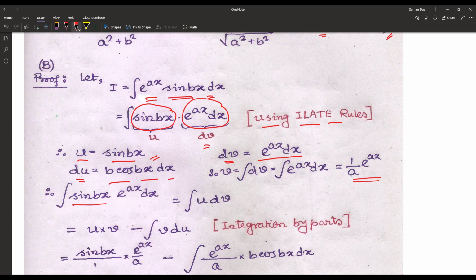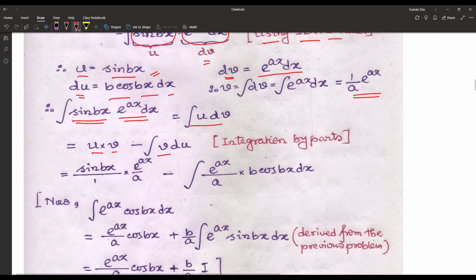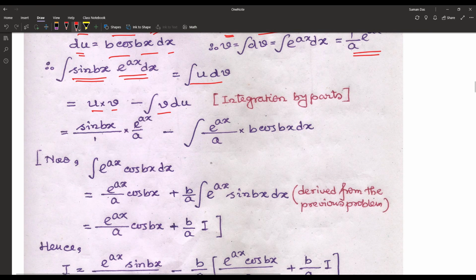So we are just integrating by parts. That is the integration of u dv equals u into v minus the integration of v du. So putting the value of u here, that is sin bx into e to the power ax by a, minus the integration of v, that one, and for du it is b cos bx dx.